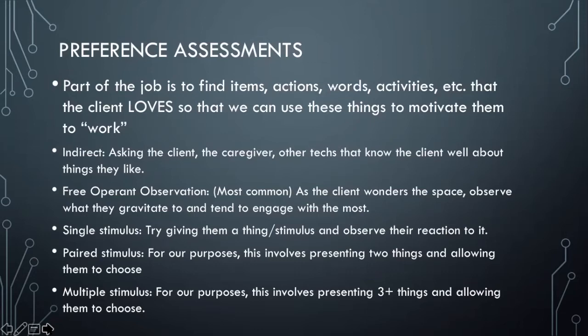So an indirect preference assessment just means that I didn't see the client wanting this item, but maybe I asked the client, or I asked a caregiver, or I asked another technician that's worked with this client before. Those are all indirect preference assessments, basically just an interview process to find out what they've worked for in the past.